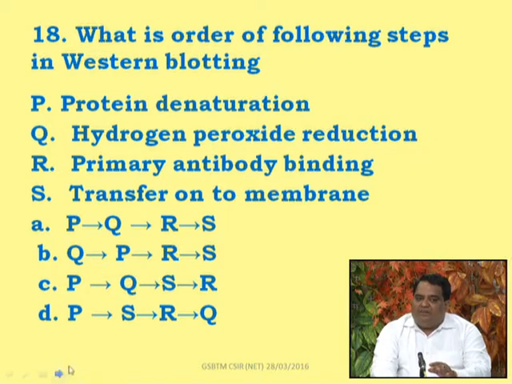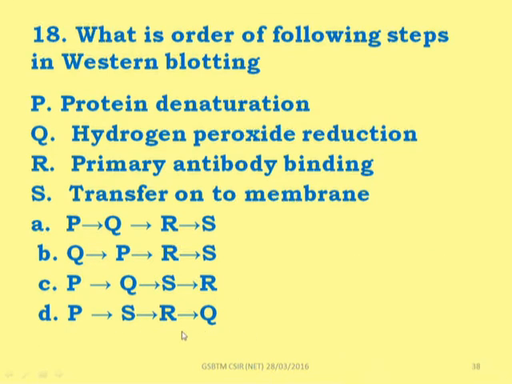So the answer will be protein denaturation followed by transfer to the membrane, then R primary antibody binding, and then Q hydrogen peroxide reduction. Protein denaturation, transfer on the membrane, then primary antibody binding, meaning antigen-antibody interaction, and then the analysis. So the answer is D, P, S, R and Q.